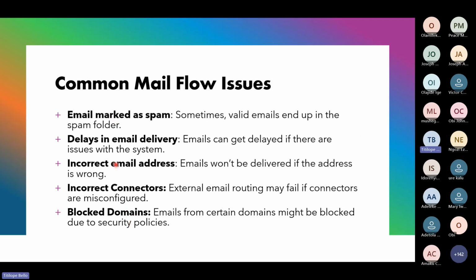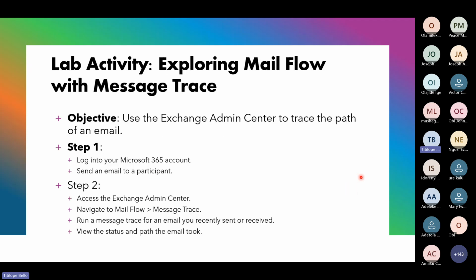So these are common issues that you might see as you continue with Exchange Online, right? This is just a little mini test to see how mail flow works in Exchange Online.